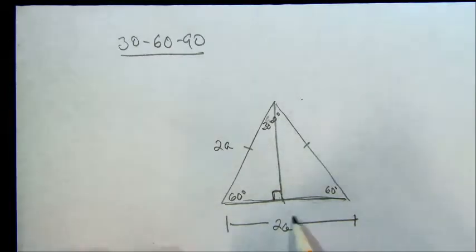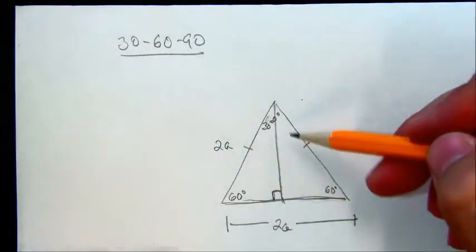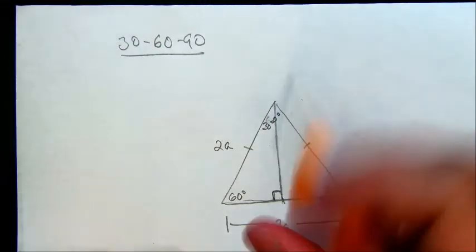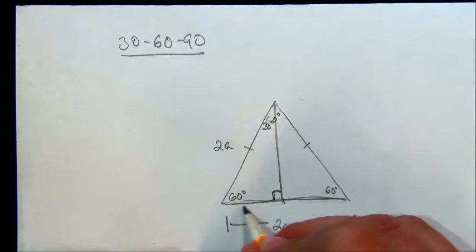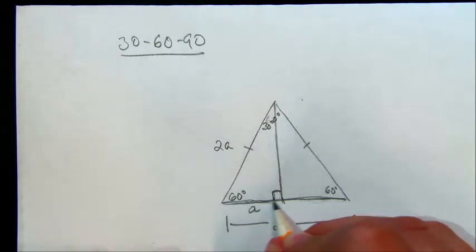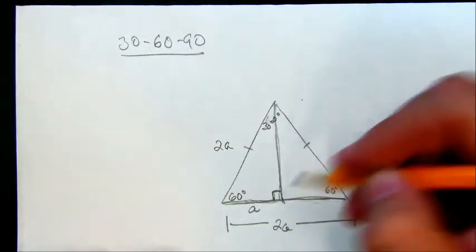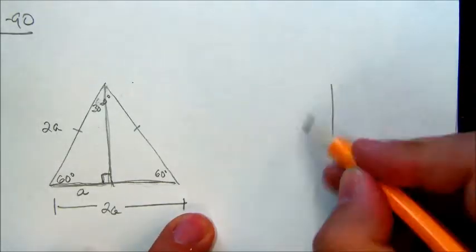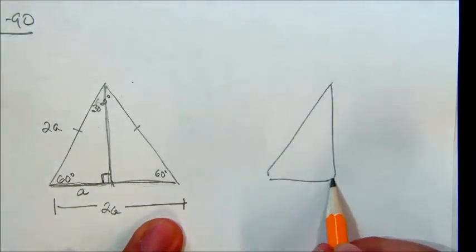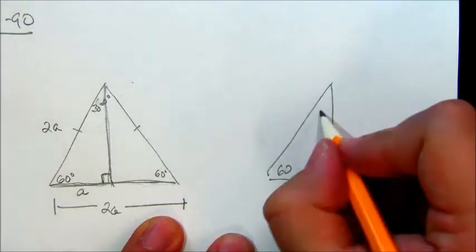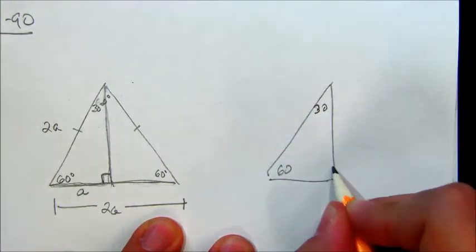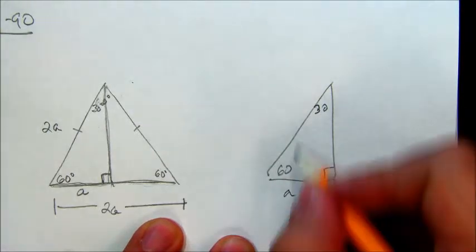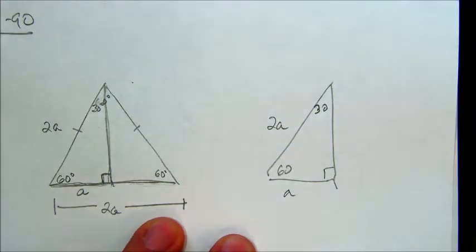And I know that this altitude I dropped down bisected the base, so this is half of 2A, so this side here is A. So I'm looking at this triangle here, and I'm just going to redraw it over here. I've got 60 degrees, 30 degrees, and a right angle here. I've got A on this side, and 2A on this side. Let's just look at what we've got.